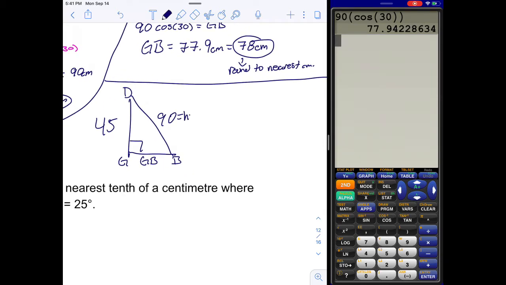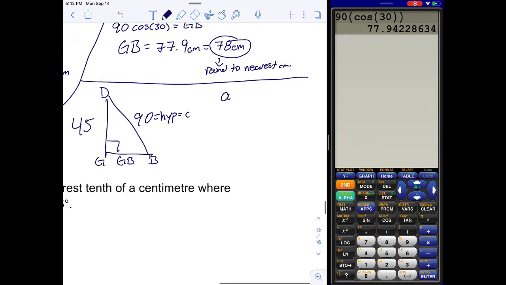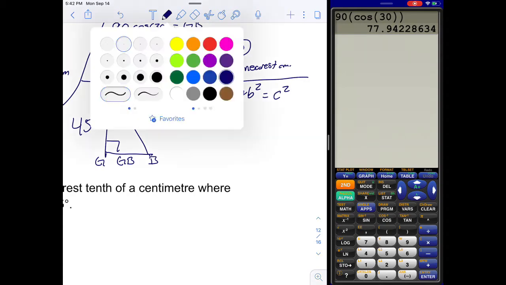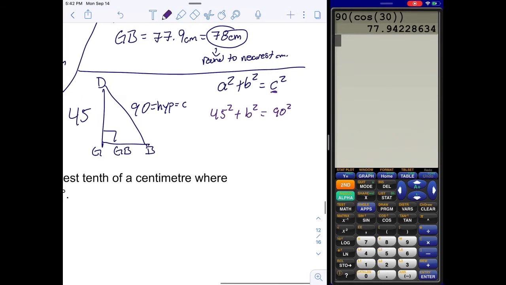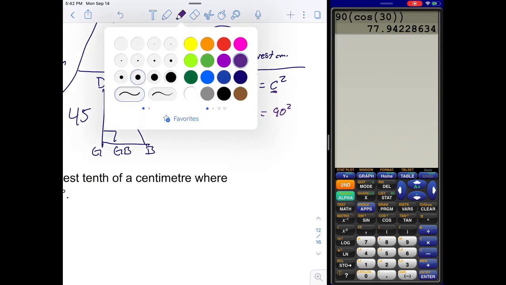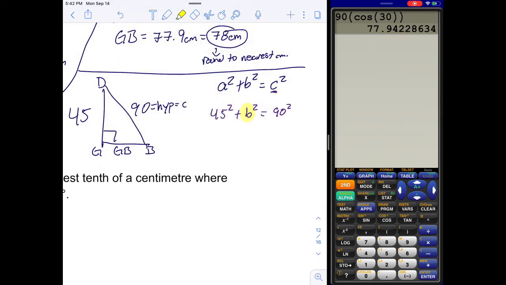This is our hypotenuse, and remember hypotenuse always equals c. So if we write out a squared plus b squared equals c squared, the main thing that's important is that you write your hypotenuse as c. So we could write this as 45 squared plus b squared equals 90 squared. And then you could solve for our unknown value, which in this case is b.